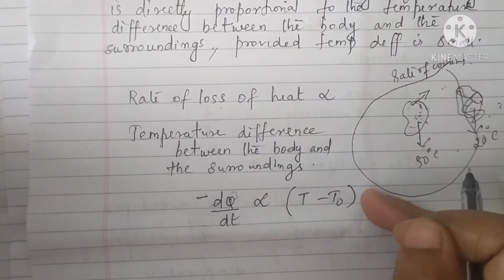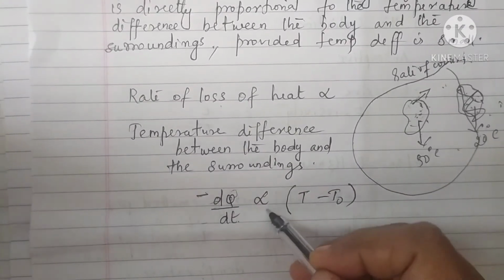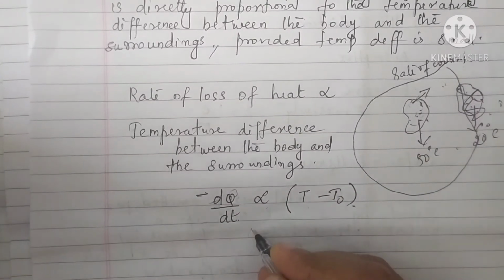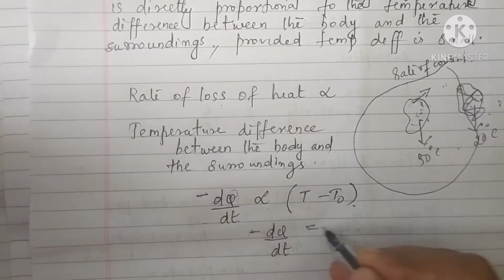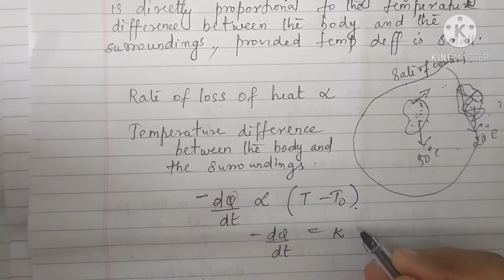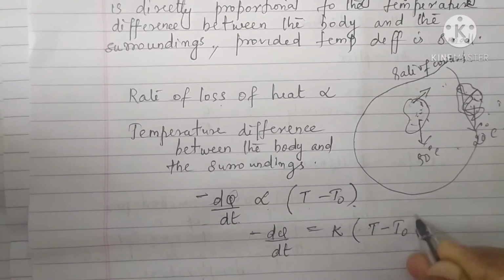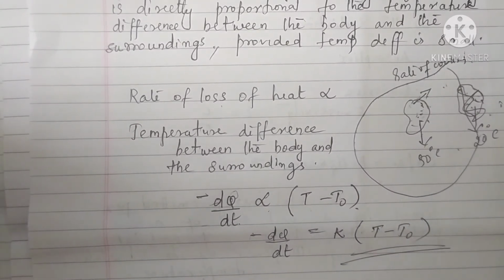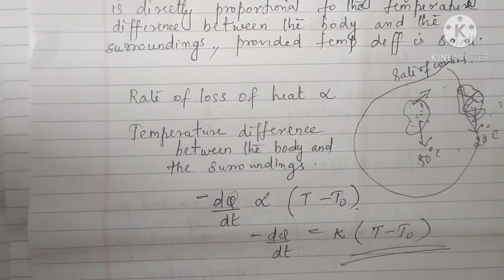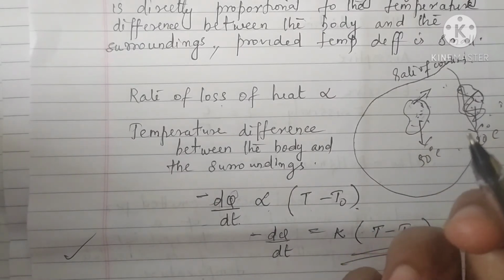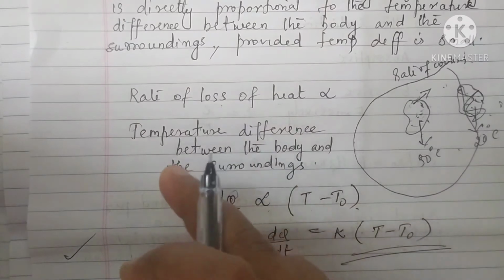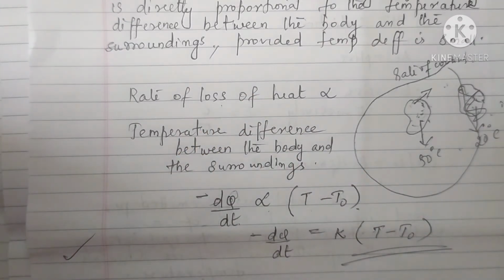So T minus T naught. dQ by dt is proportional to T minus T naught, or you can write minus dQ by dt is equal to K into T minus T naught. Understood? So this is Newton's law of cooling. Clear for you? So we have studied three laws: Stefan-Boltzmann law, the second one is Wien's displacement law, and the third one is Newton's law of cooling. Okay?